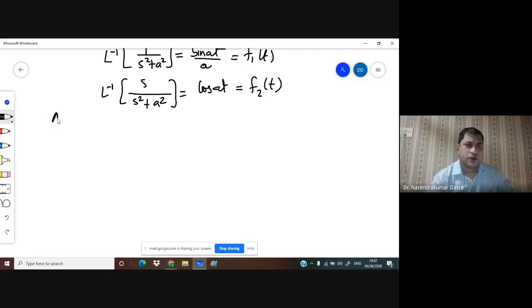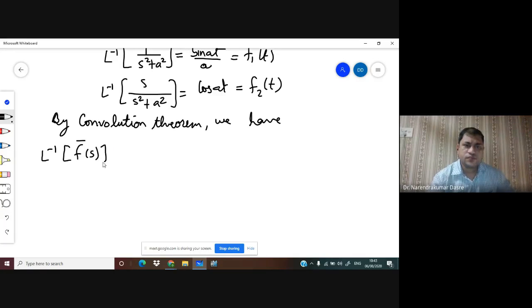By the convolution theorem, we have the Laplace inverse of f bar of s is equal to the integral 0 to t f1 of u into f2 of t minus u du.